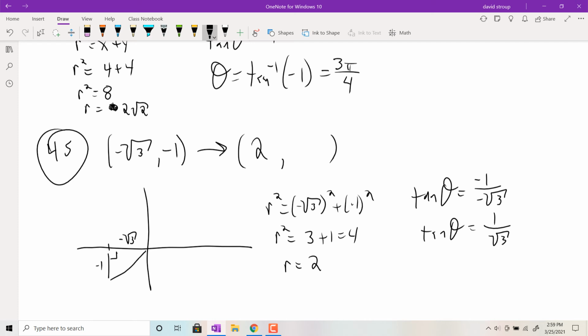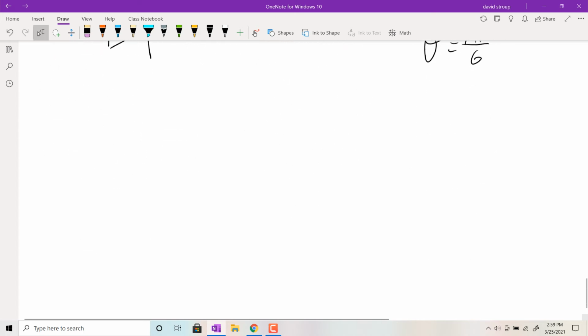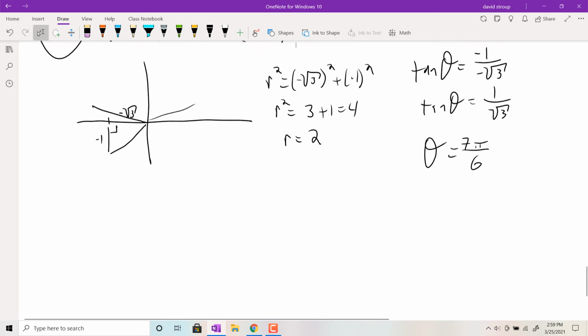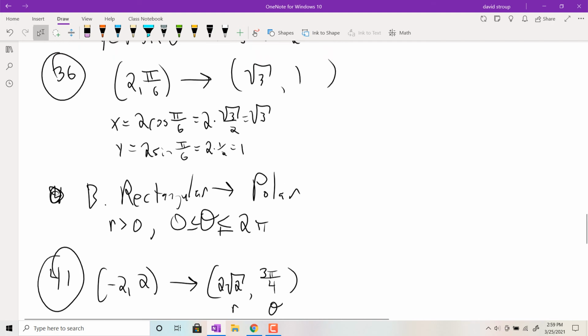That sounds like a pi over 6 for a reference angle. But we want the third quadrant, right? So theta will equal, this is pi over 6, 5 pi over 6, 6 pi over 6, 7 pi over 6. Okay, and that would be it. Okay, it's a little more complicated in the rectangular to polar conversions. Okay, so that's converting points.